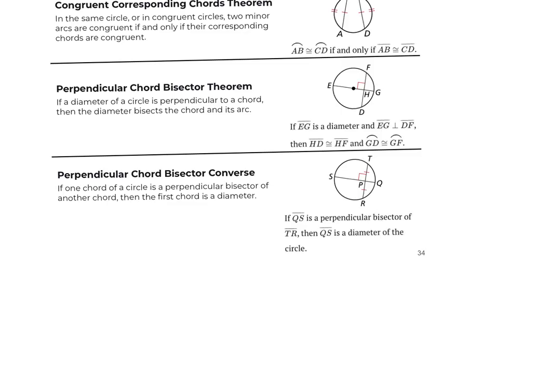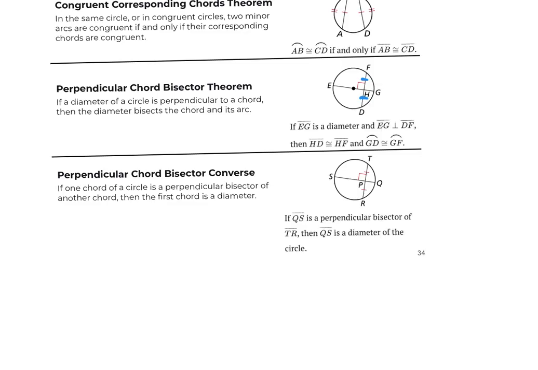If that's the case, then what's happening is HD and DF are congruent. So what I can do here is I can say these two pieces are congruent. So that means that it's bisecting that chord. The difference here is this one goes through the diameter, this one goes through the center, this one does not.